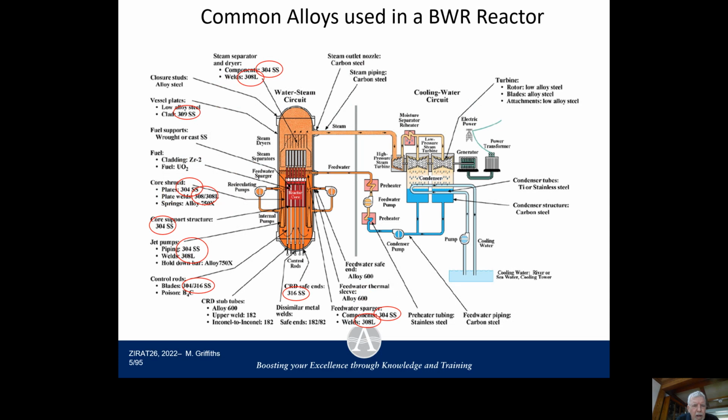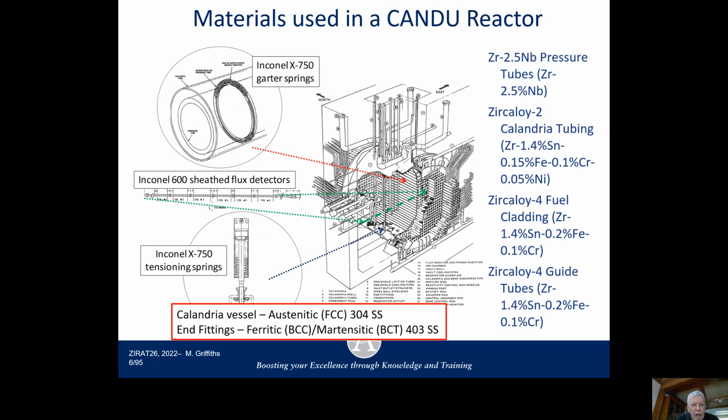Likewise, BWR has a number of different stainless steel components in the core. Many of you are probably not familiar with the CANDU reactor. I am familiar with the CANDU reactor, so I just decided to put a diagram of the CANDU reactor in there, not to be focusing exclusively on light water reactors.